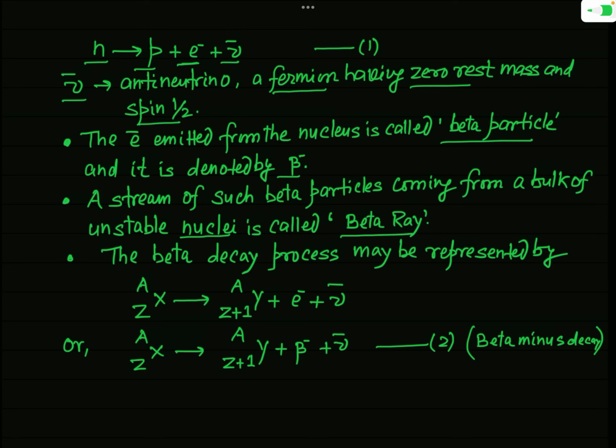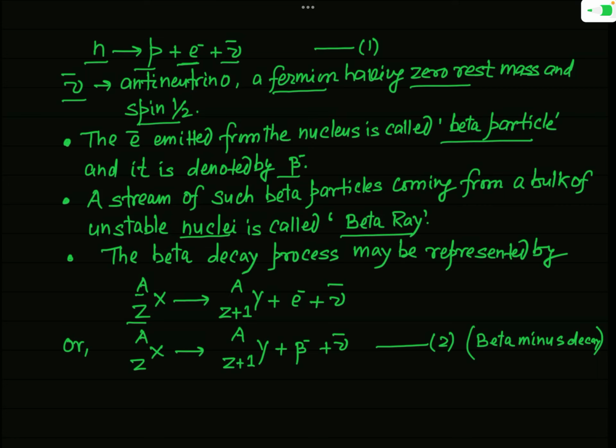So what will be the result after this beta emission? You can see from this process. Let us consider that our parent nucleus is X, whose atomic number is Z and mass number is A.